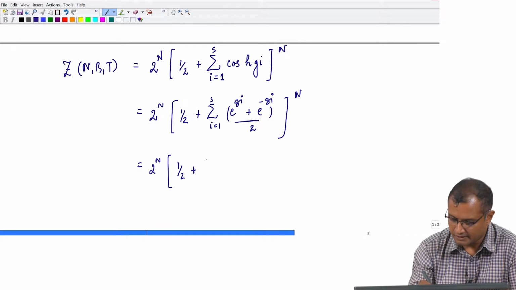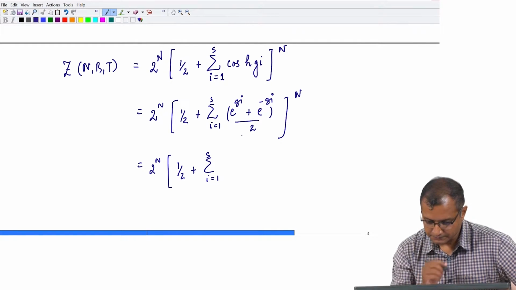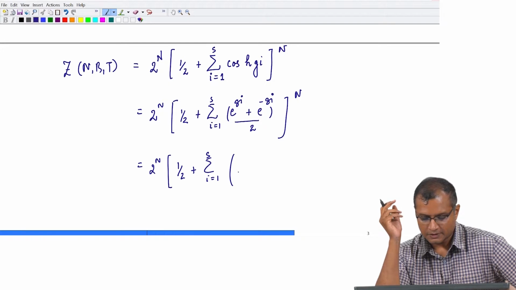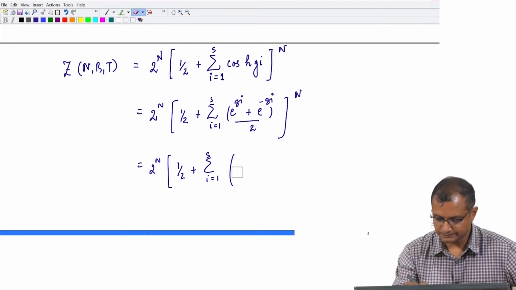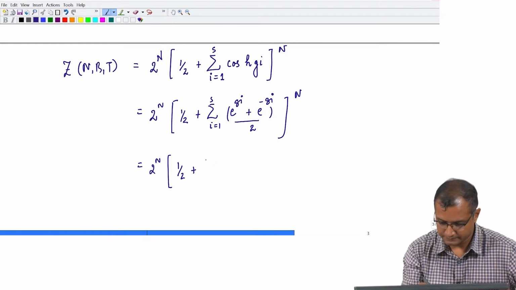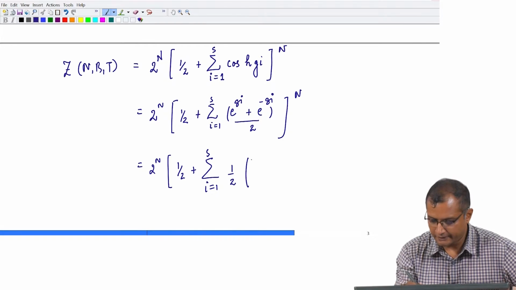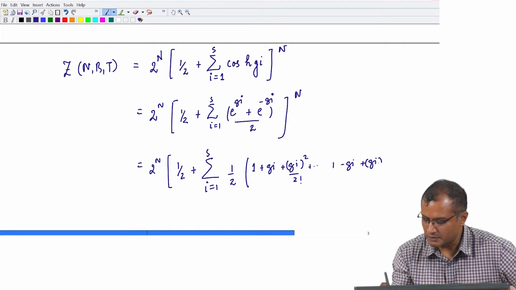So, e to the power g i plus e to the power minus g i by 2 can be written as, I will take the 1 by 2 outside, and write this as 1 plus g i plus g i the whole square by factorial 2, and for the minus g i I will write 1 minus g i plus g i the whole square by factorial 2.